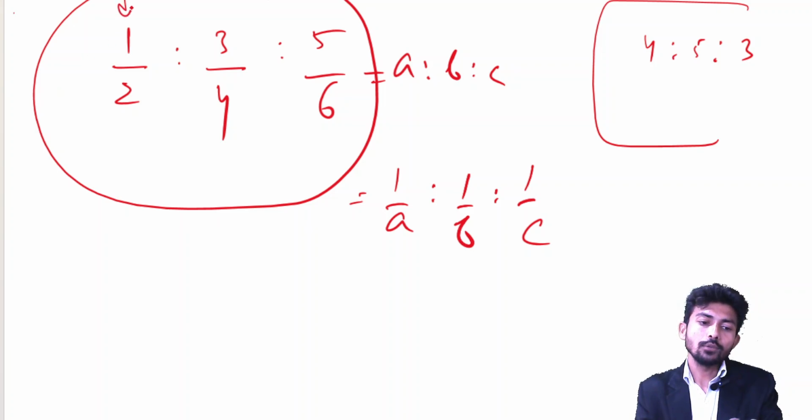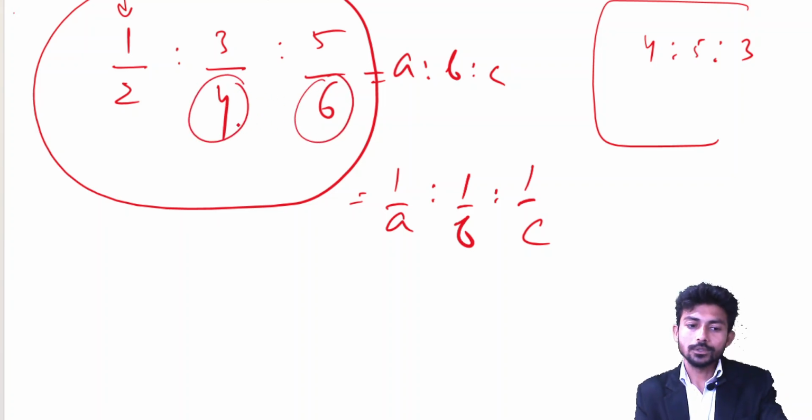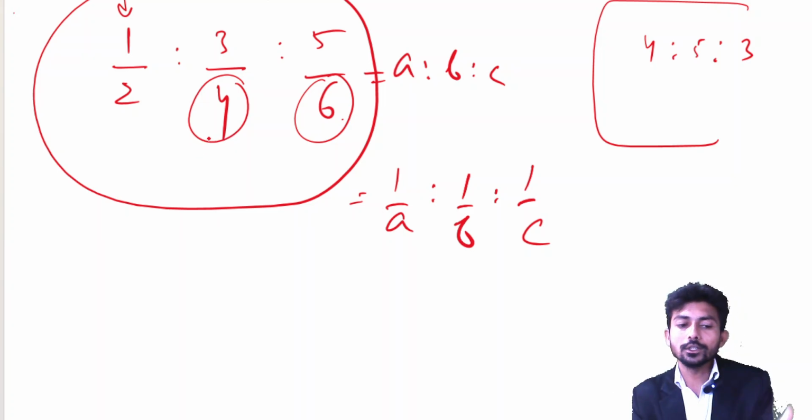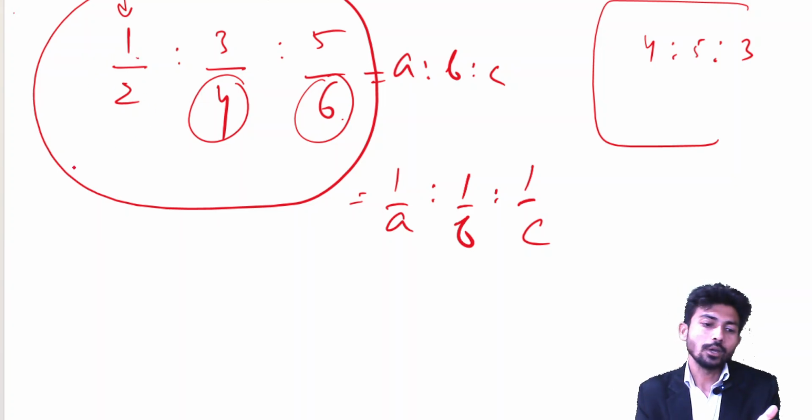If I have to find the inverse of the first part, I will hide this part and multiply the denominators of the other numbers, 6 into 4, which is 24. And I will also multiply with the numerator, which is 1 in the first case, so I write 1 into 4 into 6.